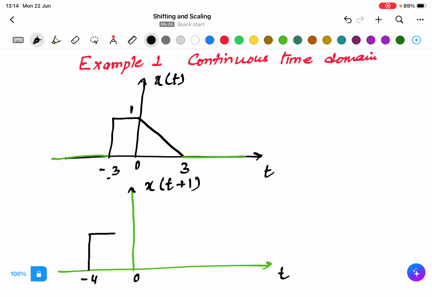That means it will go up to -1, and because we are shifting 3 by one value also, it will go to the point equal to 2. And now we can say that this is the shifted signal.